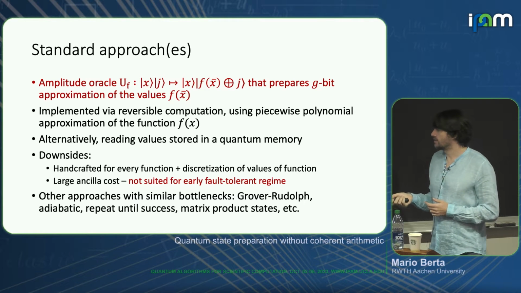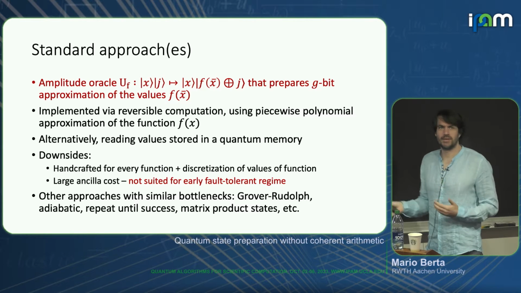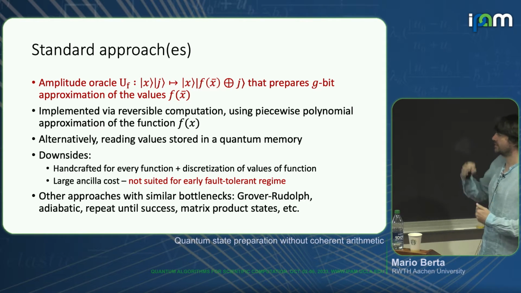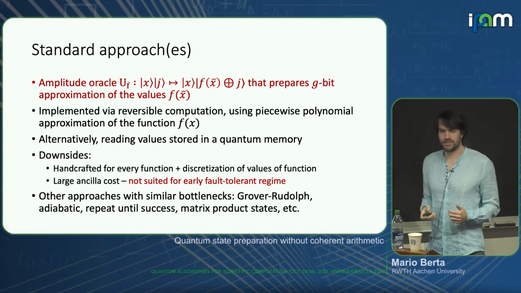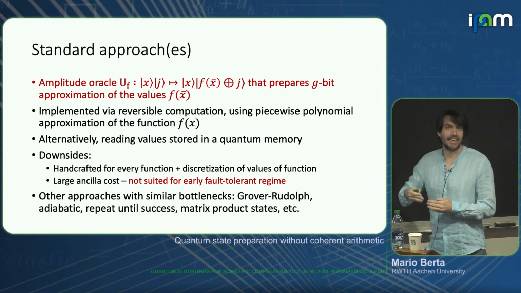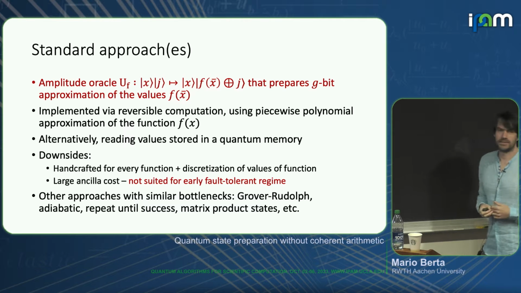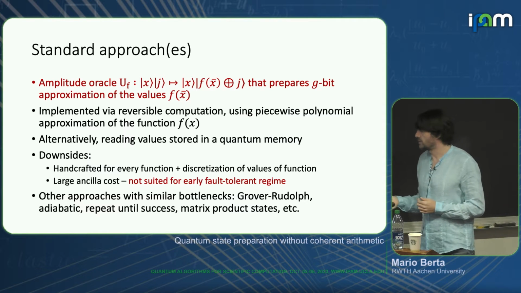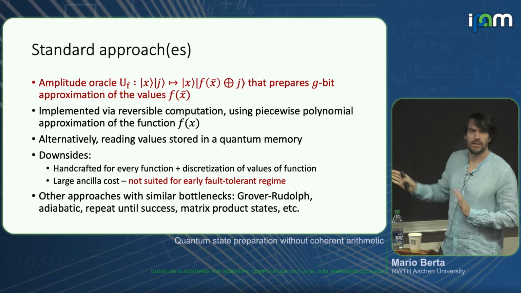There's also matrix product state preparation, where the idea is basically that you try to find a matrix product state with some fixed bond dimension that approximates the state you're actually looking for as well as possible. Here, it's unclear how things scale, or in other words, there are no rigorous guarantees on how well this works. So this one falls a bit out of line, but all other approaches are kind of similar.